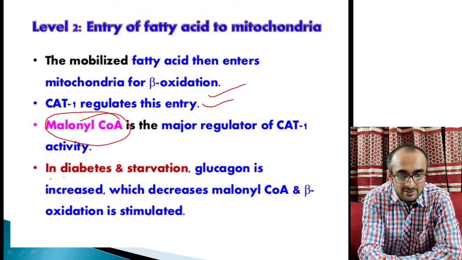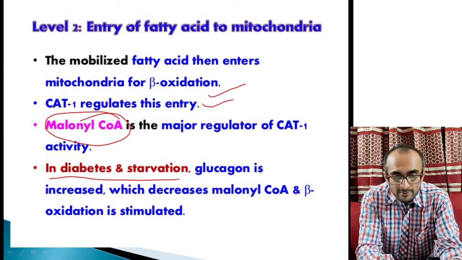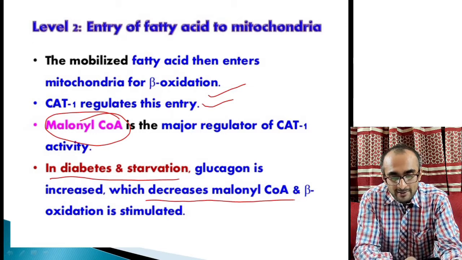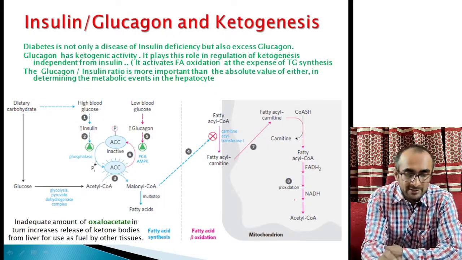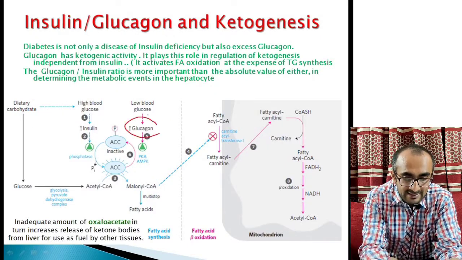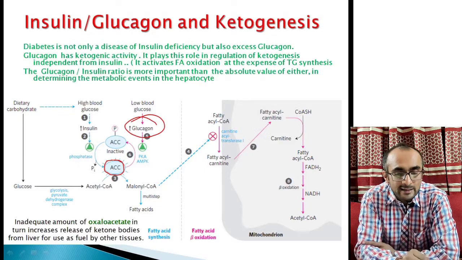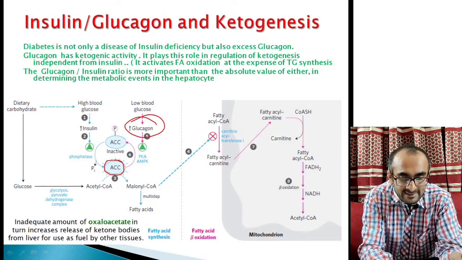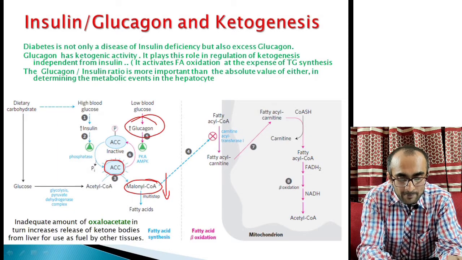In case of diabetes or starvation, glucagon is increased, and glucagon decreases malonyl coenzyme A, and that's how beta oxidation is stimulated. From this slide, which we have discussed earlier, if glucagon is present in the cell, it deactivates the enzyme ACC, acetyl coenzyme A carboxylase, and when ACC is deactivated, malonyl coenzyme A is absent in the cytosol, because ACC converts acetyl coenzyme A to malonyl coenzyme A. That is the first step of synthesis of fatty acids.